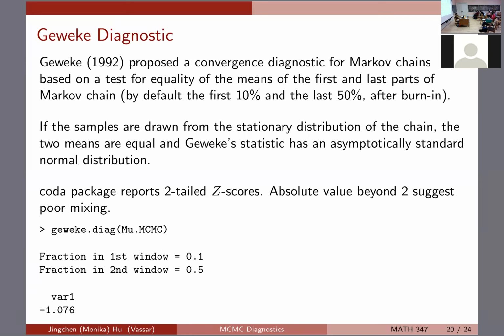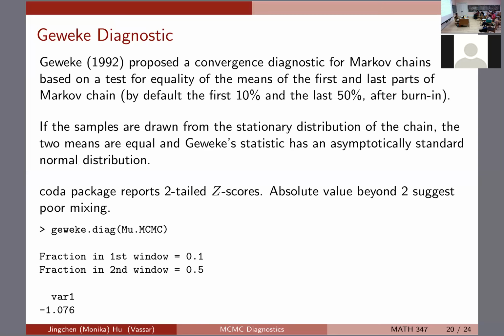Think about a chain. You start a chain. If the chain is converged, mixing very well, exploring the entire thing, you would imagine that the first 10% of the chain and the last 50% of the chain after burn-in shouldn't be that different from each other, right? If you have done it in a good way.